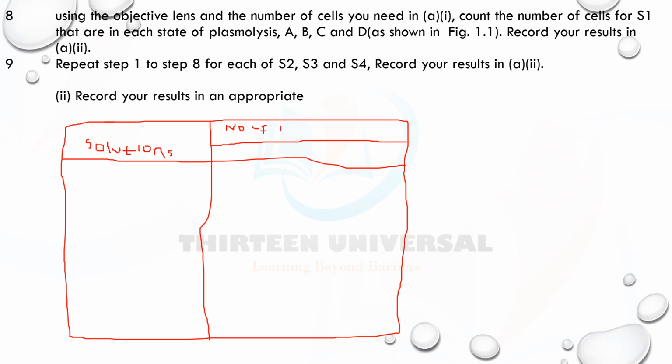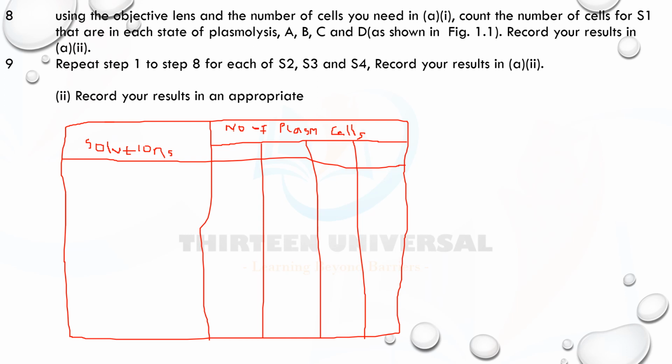I may not write it fully here, but in the exam write it fully: plasmolized cells. Remember, I have about 4 stages, so I'm going to have a column for each one, right? So you have to plan this table before you start inputting your values.